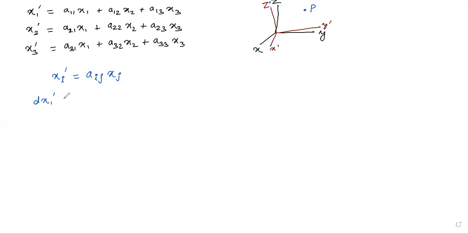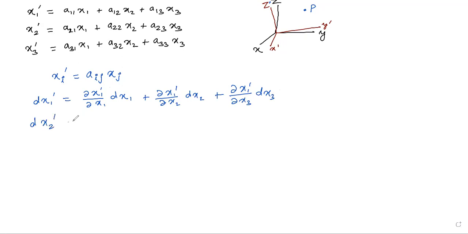dx1 prime equal to dou x1 prime by dou x1 dx1 plus dou x1 prime by dou x2 dx2 plus dou x1 prime by dou x3 dx3.